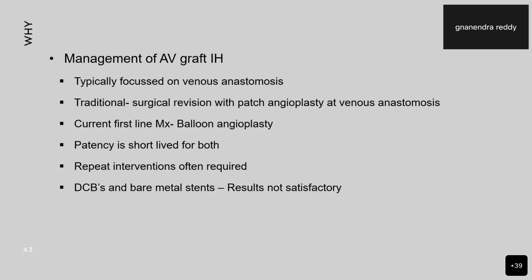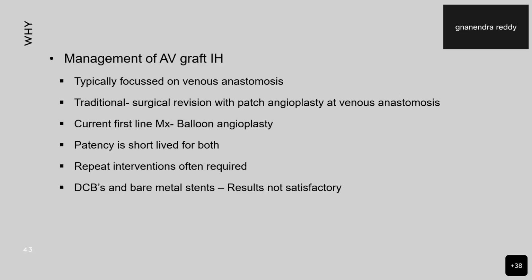So management of AV graft intimal hyperplasia is widely studied. It is typically focused on the venous anastomosis. Traditionally, it was advised for patients with AV graft to undergo surgical revision with patch angioplasty at the venous anastomosis. But currently, the first line management is balloon angioplasty.